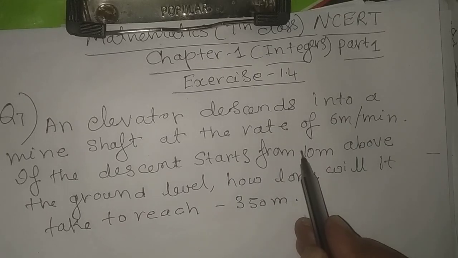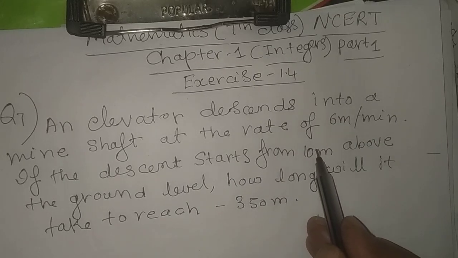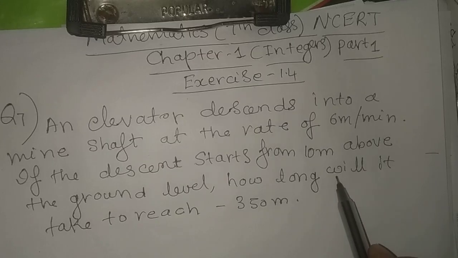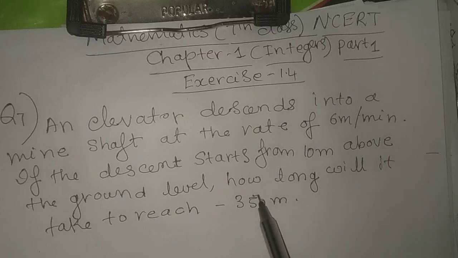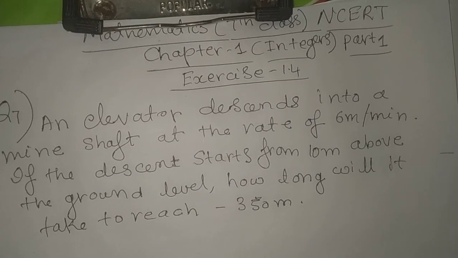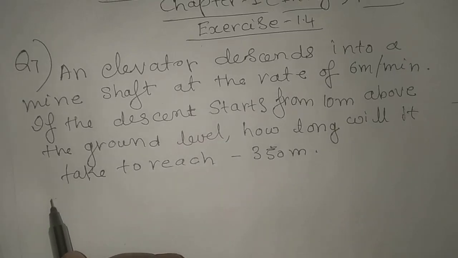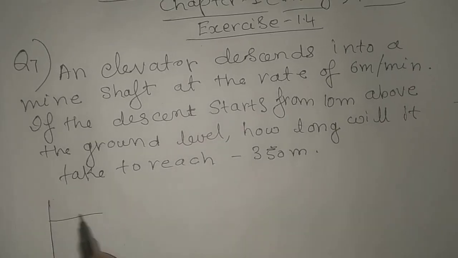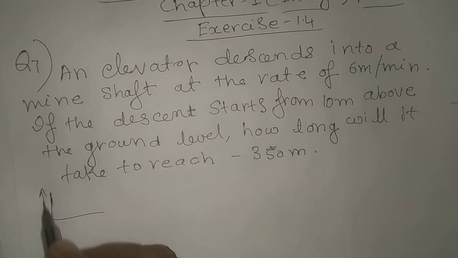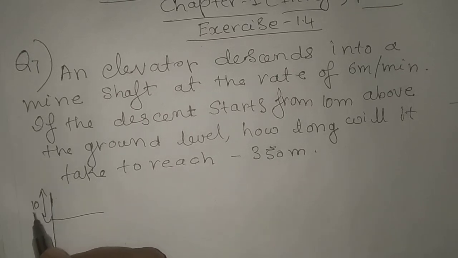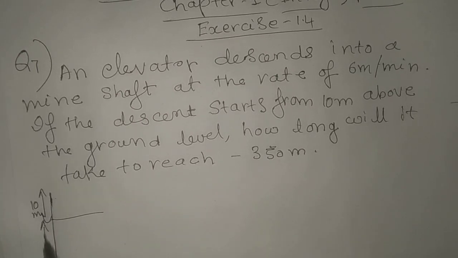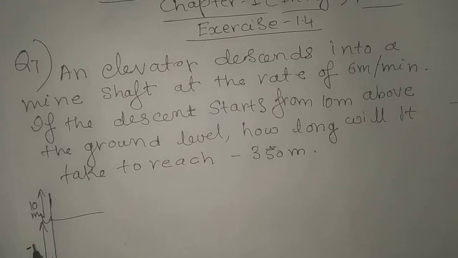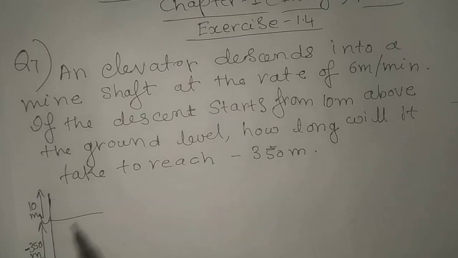If the descent starts from 10 meters above the ground level, how long will it take to reach -350 meters? Above means here it is 10 meters, and below means it is always taken as negative, that is -350 meters.